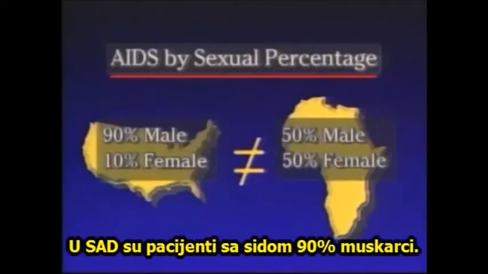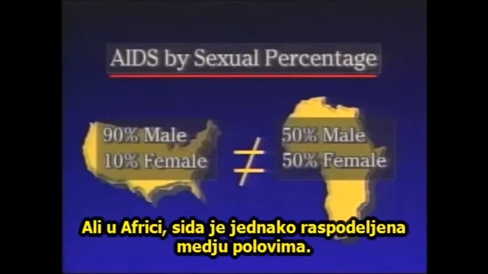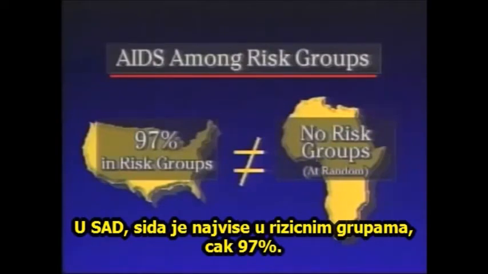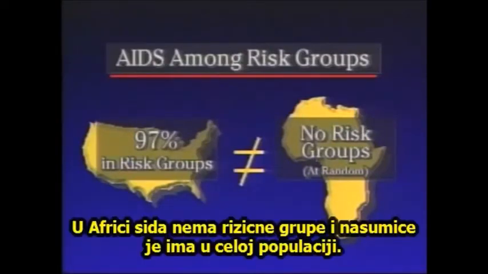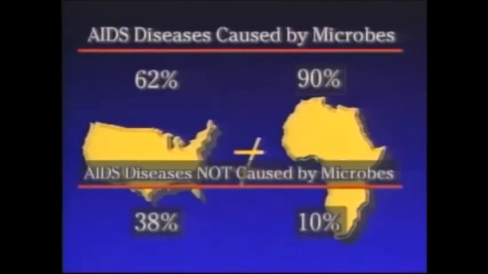In the U.S., AIDS patients are 90% male, but in Africa, AIDS is evenly spread between the sexes. In the U.S., AIDS resides among risk groups at the rate of 97%. Yet in Africa, AIDS has no risk groups and is found at random in the general population. Only 62% of the AIDS diseases in the U.S. are microbial, but in Africa that number is approximately 90%.